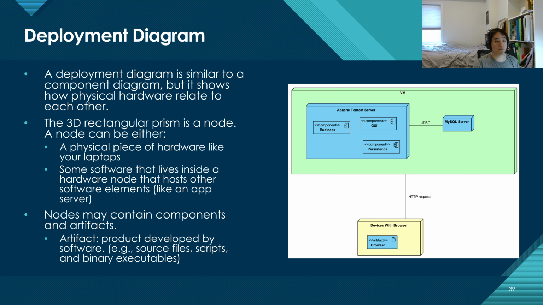So we send an HTTP request to the domain where it routes to the VM instance, and the VM is gonna do its job and route our request to the Apache Tomcat server, which will then process our request and return us with a response.